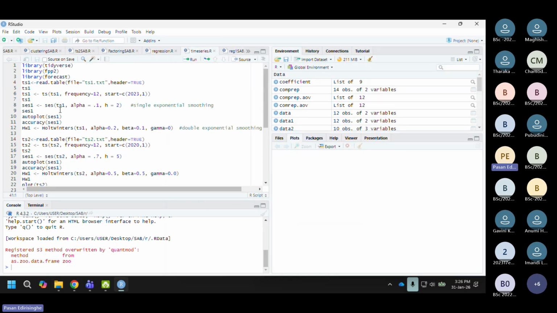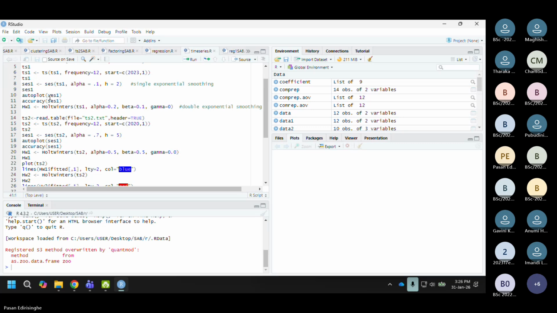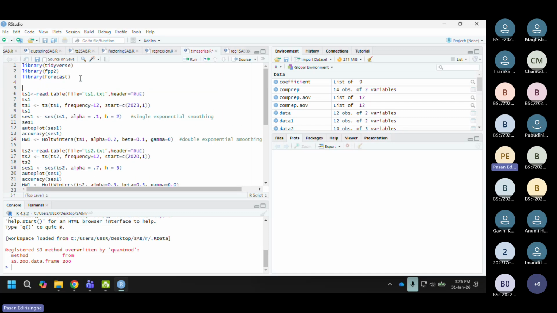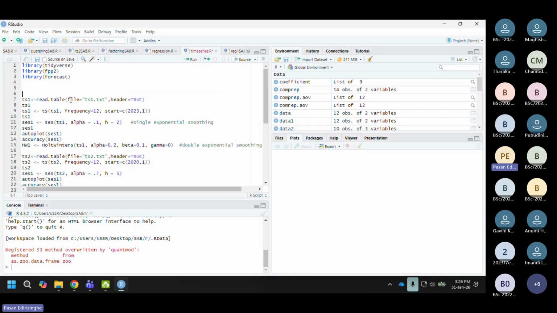The TS1 and TS2 files, I will upload them.